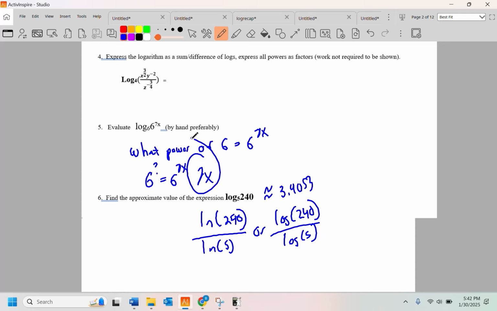I'm trying to think how you do this by hand. If it was multiple choice, you could do it through some things. So let me show you what I mean, if this is multiple choice.